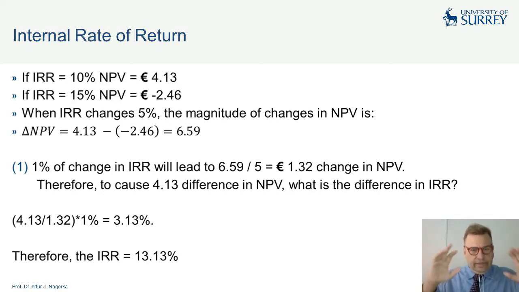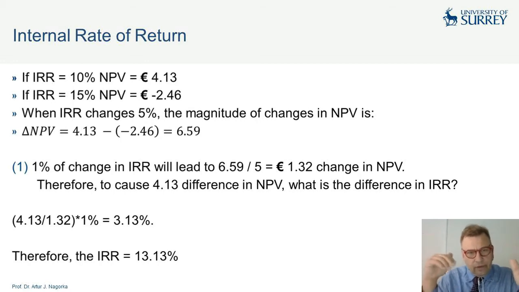Okay, let's concentrate again. So it means that 1% change of IRR means 1.32 euro change in NPV.